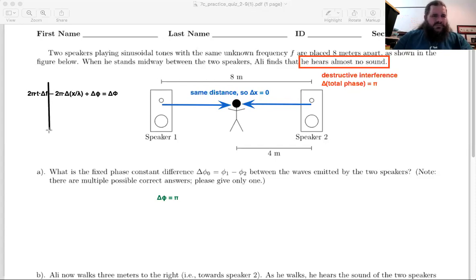So if we split this up into the time term, the position or distance term, and the phase shift term, and then compare waves 1 and 2 and the difference. Although I guess we don't really need to worry about waves 1 and 2 individually. We could just look at the delta.